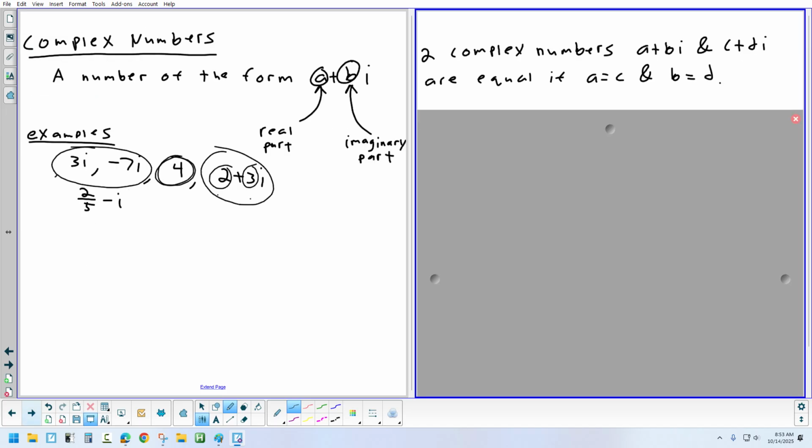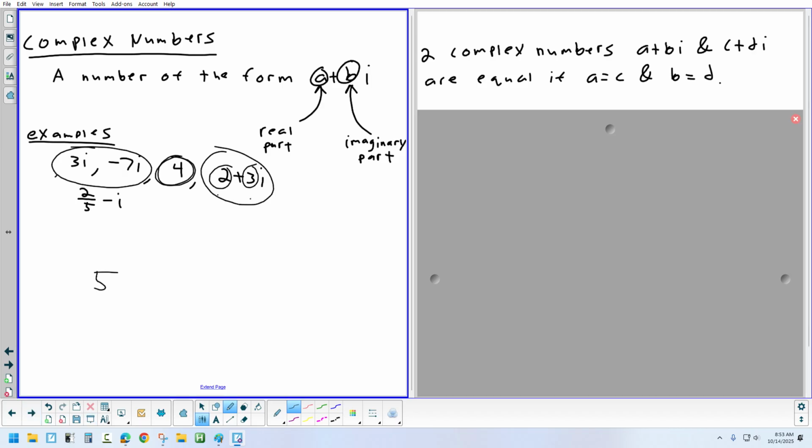So in order for two complex numbers to be equal to each other, it's a little different than just real numbers. Like if I said what real number is equal to 5, you would say 5. There's only one thing you have to compare. One thing there, one thing there.